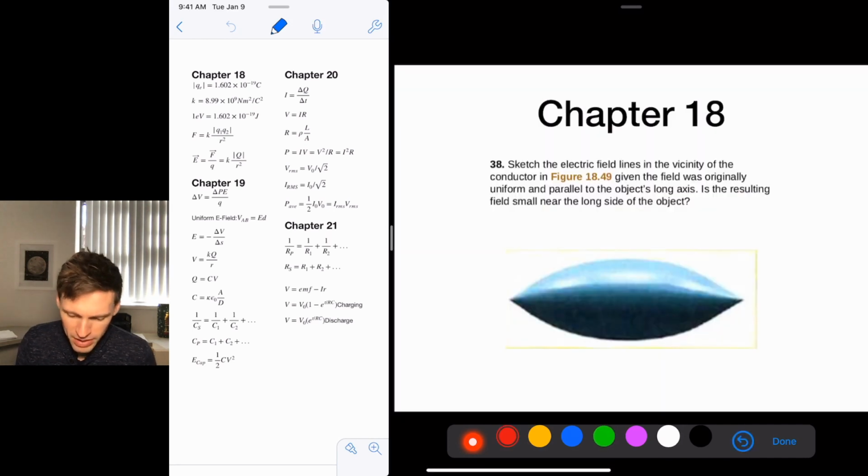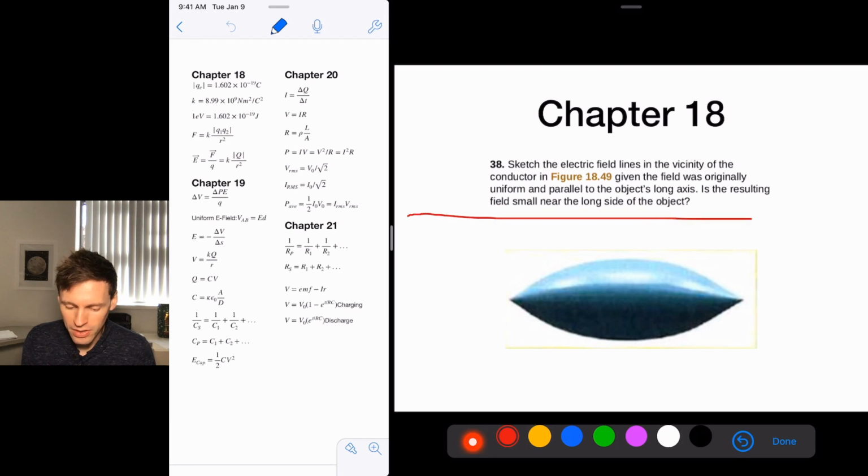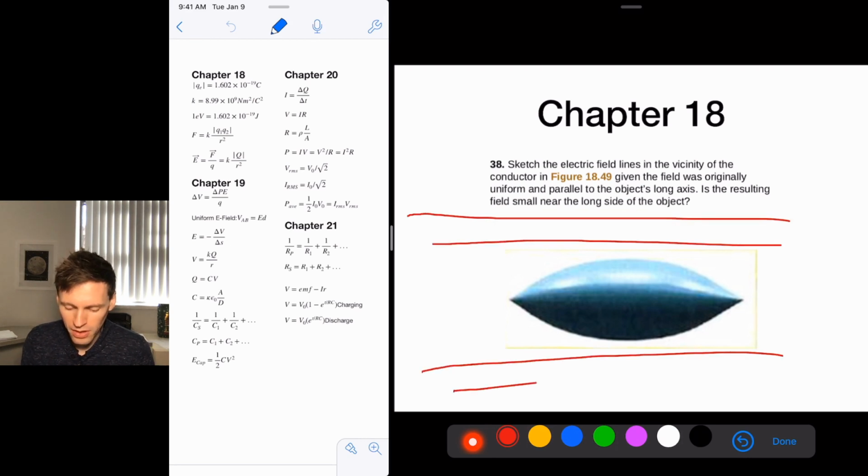Alright, so then this one says sketch the electric field lines in the vicinity of this conductor, given the field was originally uniform. So we have a nice uniform electric field here, and the electric field lines are going this way. They begin on positive charges and end on negative charges. So you're going to have a bunch of negative charges going over here and a bunch of positive charges going over here.